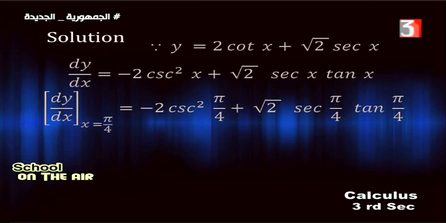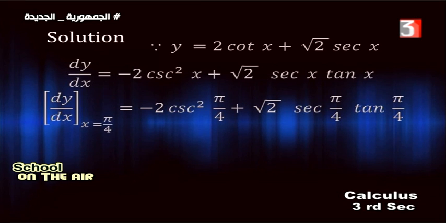Then we can substitute x equals pi over 4. Then dy/dx at x equals pi over 4 equals negative 2 cosec squared pi over 4 plus square root 2 multiply sec pi over 4 multiply tan pi over 4.